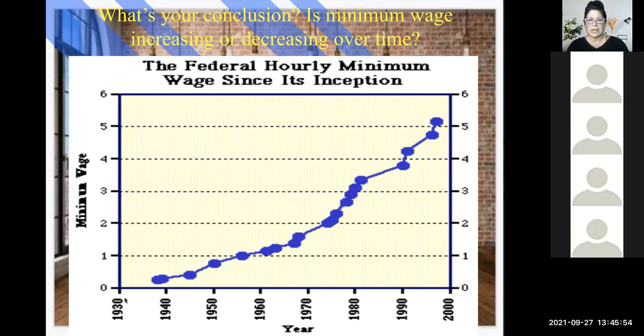So we want to see the minimum wage by year. You can see here it steadily increases. And then are there any moments where nothing changed at all? These are other things that you can see.